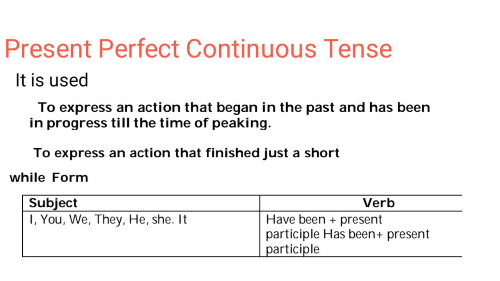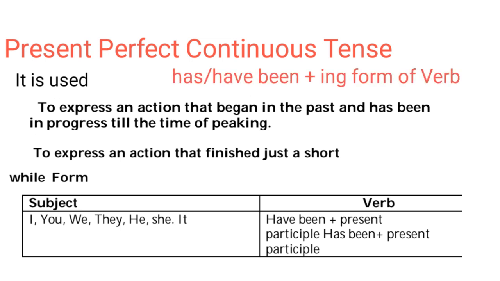Next, we are moving to present perfect continuous tense. Its verb form is subject plus has or have been plus the ing form of the verb, present participle. Okay. Then the usage.